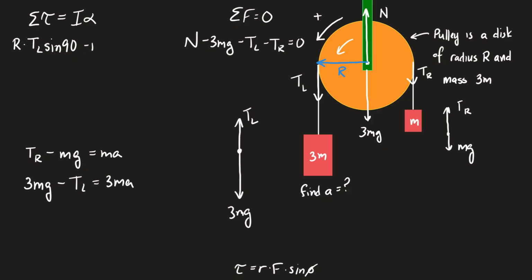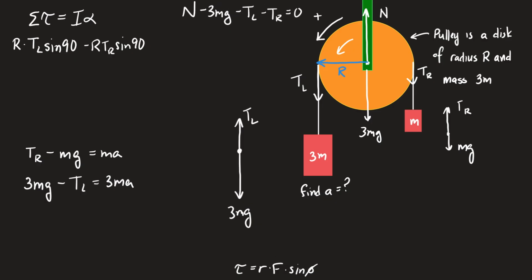The other one, R times TR sine 90, will be the other torque acting on the right side. It is negative because it's causing a clockwise rotation. And this all has to equal I alpha. But I isn't an unknown.